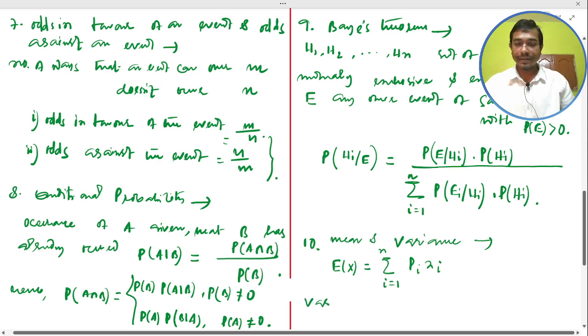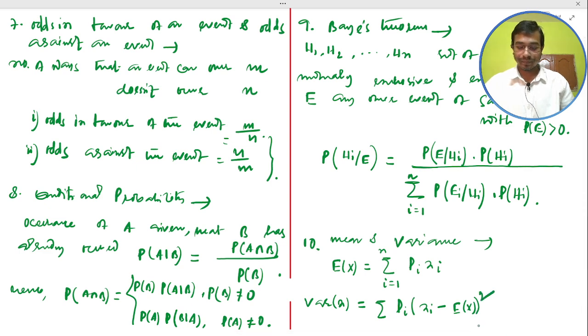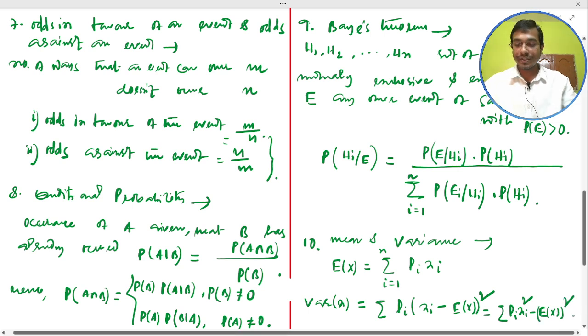And the variance, written Var of x, is equal to summation i from 1 to n of Pi (xi minus mean E of x) whole square. This is written in the form summation i from 1 to n of Pi xi square minus E of x whole square.